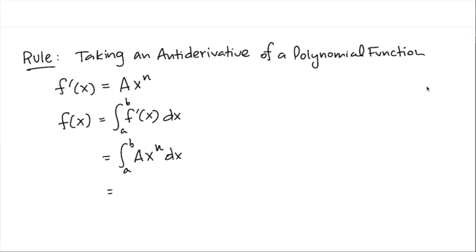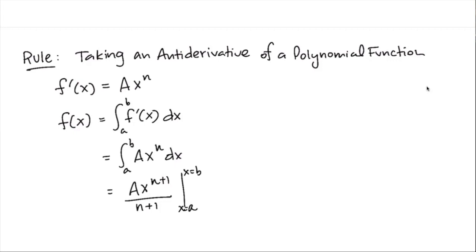What do we do? We add 1 to the exponent, x to the n plus 1, and then we divide, instead of multiply, by that new exponent, n plus 1. And then we evaluate all of that from x equals a to x equals b. Of course, in physics, we often didn't use the x variable, we used time as our variable. And so from time a to time b with respect to t, this is it.